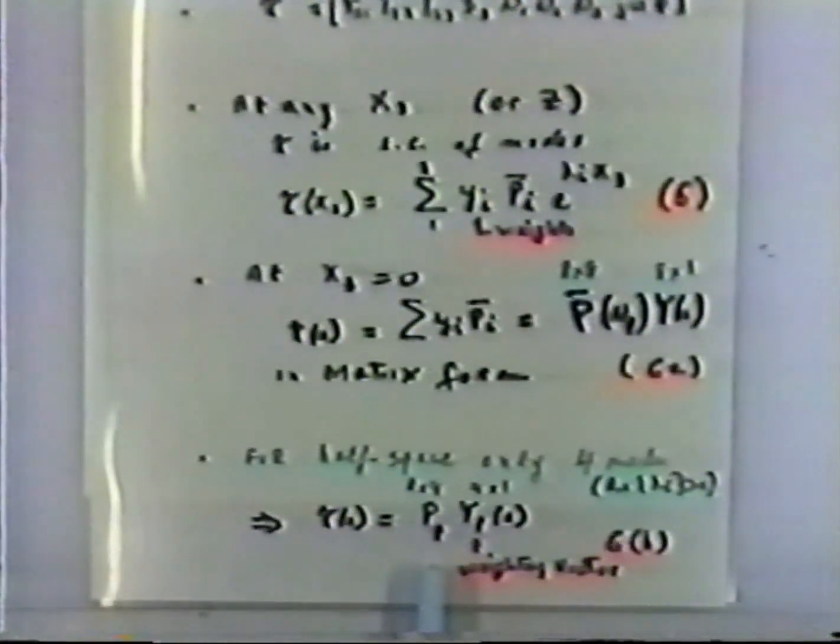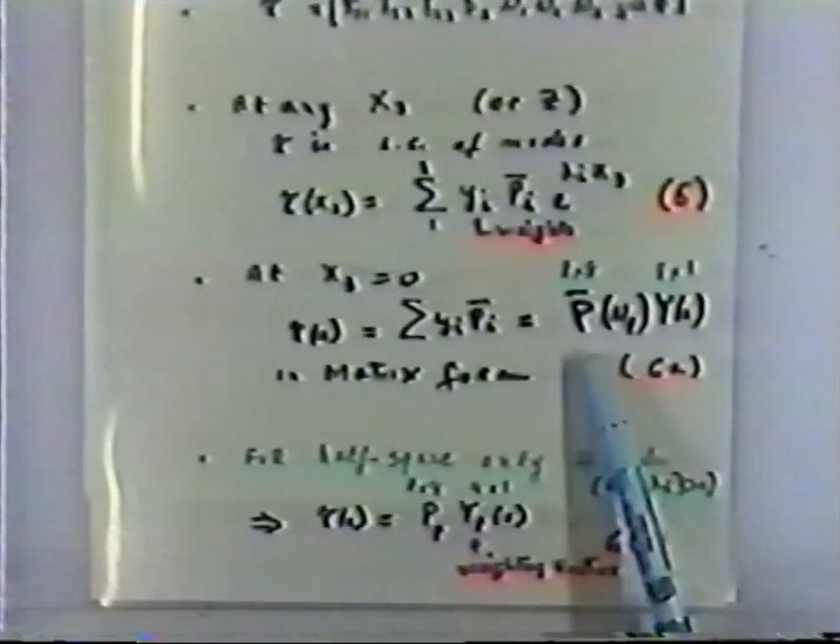So we have 8 eigenvalues. We can only use the 4 that decay with depth. And since the depth is the minus z or minus x3 direction, we can only take those that have the positive coefficients.